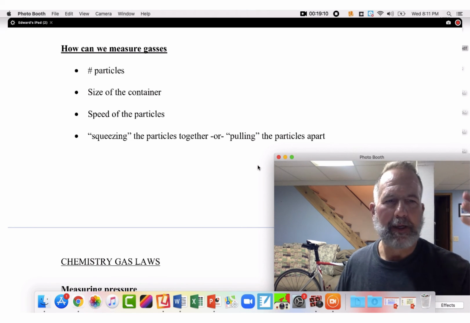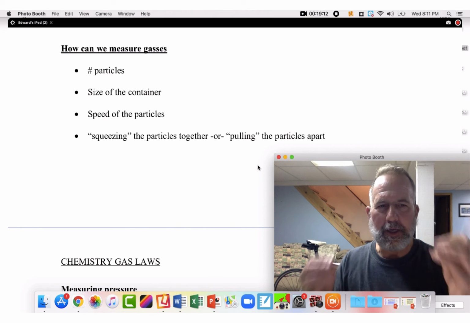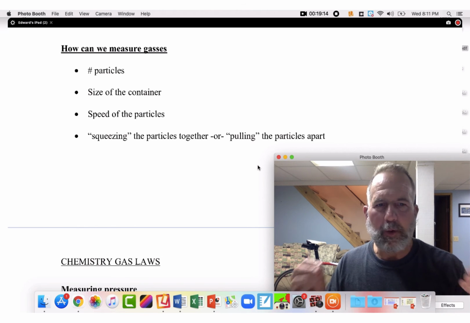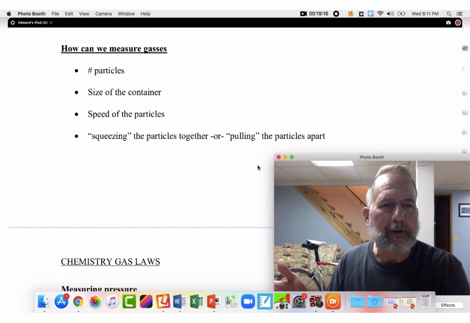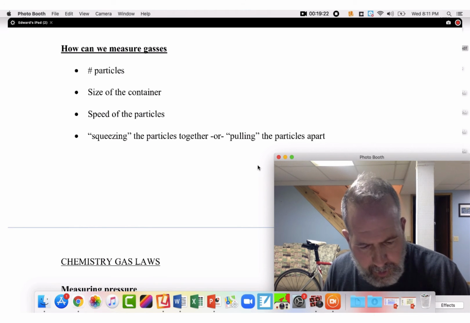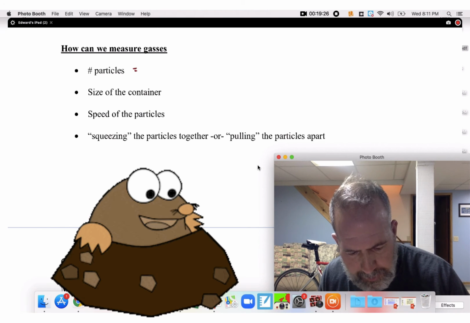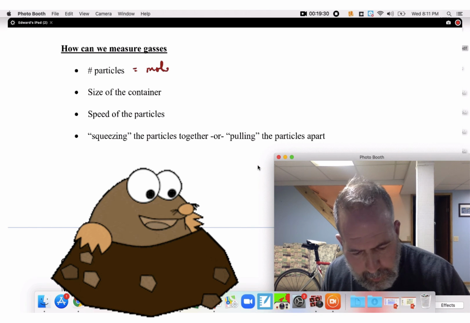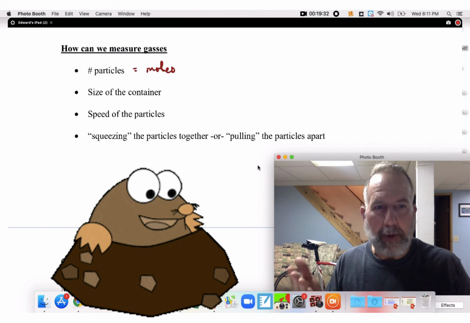How can we measure gases? All right? So the first thing you need to do when you're measuring a gas, right? We want to know what? The number of particles. So what do we use for the number of particles? Well, let me switch my font. I'm going to switch colors too. We use our old reliable. Number of particles is the moles. So we're going to use moles to describe the amount of gas we have.